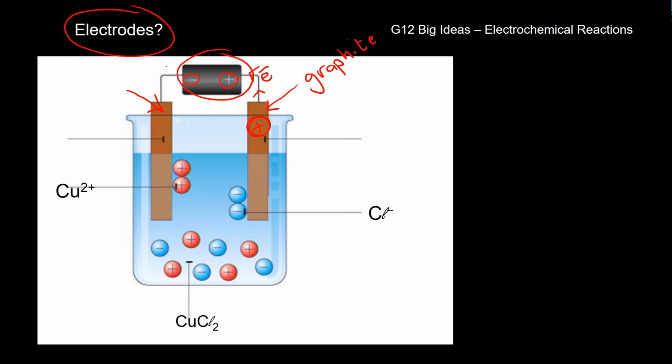Electrons are going to be pushed out on this side by the battery, and so this electrode is going to have a negative charge.